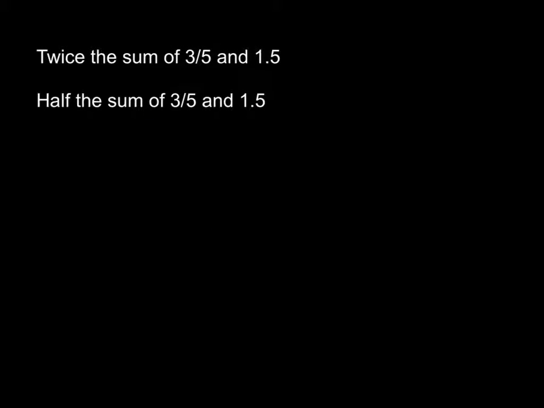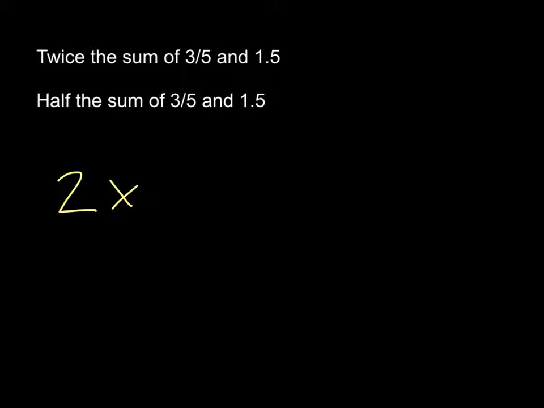So here's what our first problem is going to be. We're taking word form of an equation, and then we're turning it into an equation. So something like twice the sum of 3/5 and 1/2, we're going to take that and write it in a particular way. When we see twice, we know that we're going to be doing 2 times.